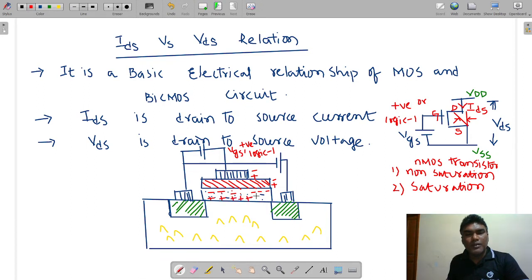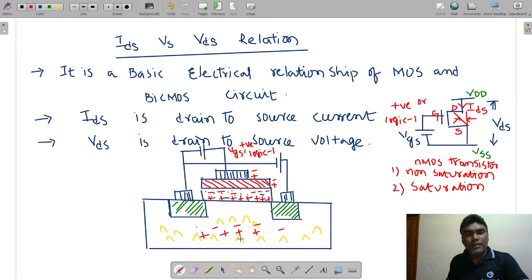So there is an electric charge induced from the polysilicon to the channel, from the top metal layer to the channel area in the p-type substrate.